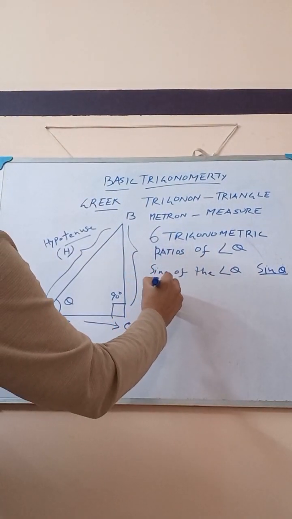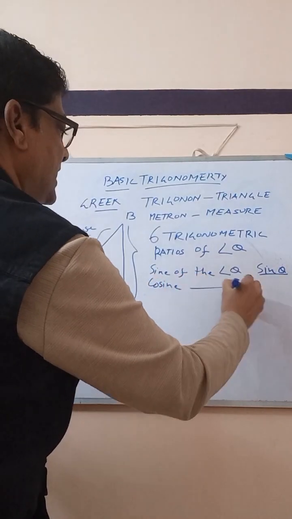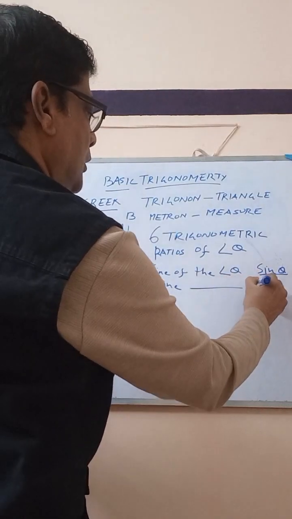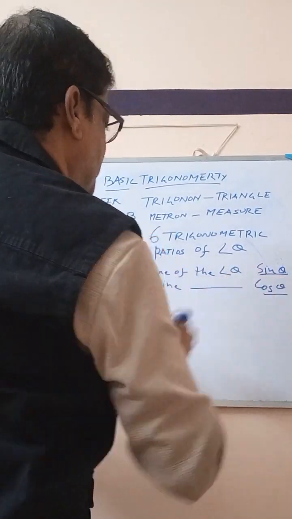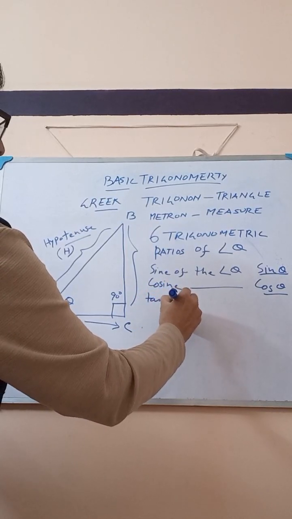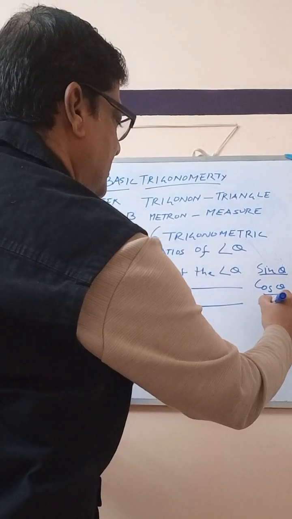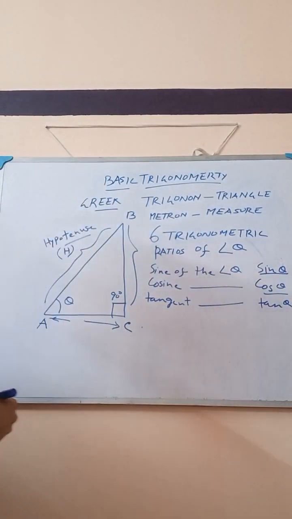Then cosine of the angle theta, we call it cos theta. Then tangent of the angle theta, we call it tan theta.